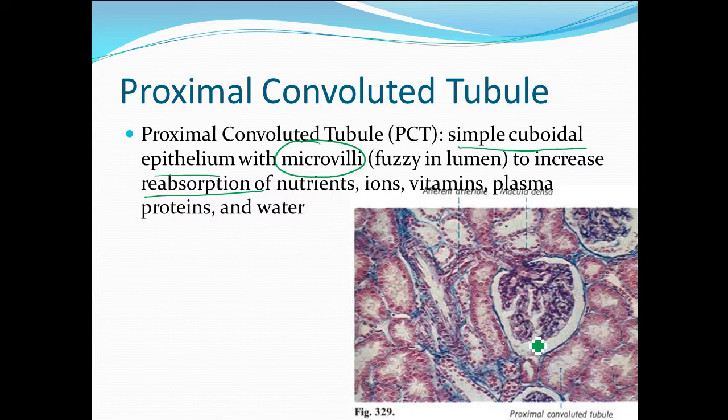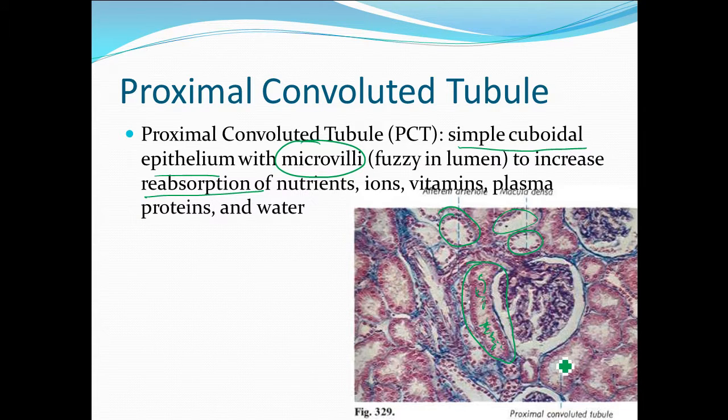Okay, the reason why I brought this figure up is because you'll later learn of another convoluted tubule called the distal convoluted tubule. So you have the proximal convoluted tubule and the distal convoluted tubule. So how do you know which is which again? The proximal convoluted tubule has the microvilli, and the microvilli are these structures that you see here, the fuzziness that you see in here.